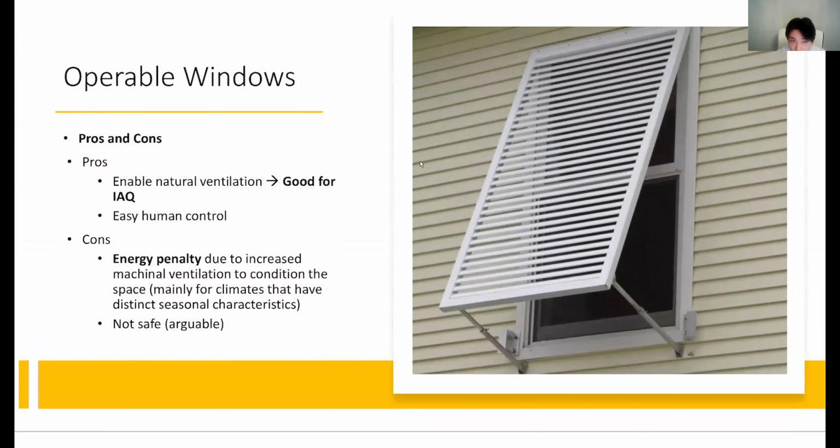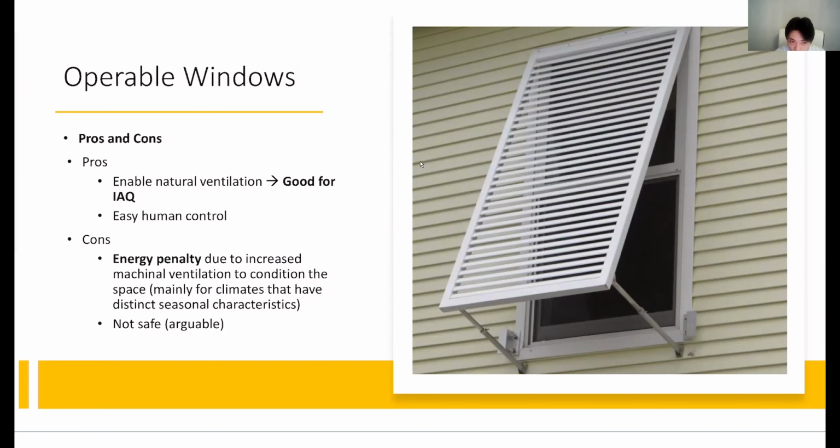And there is also a special type of window, which we call operable windows. The reason we talk exclusively about operable windows here is because we want to tie this into the aforementioned indoor air quality side of our sustainable building, right? There are some pros and cons about operable windows, because having operable windows is kind of controversial, and depending on the context you have, you may apply them or not.